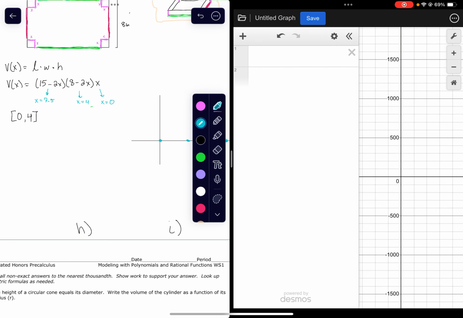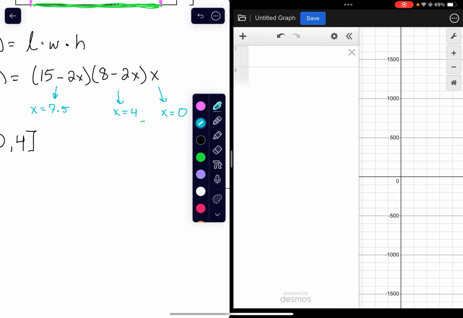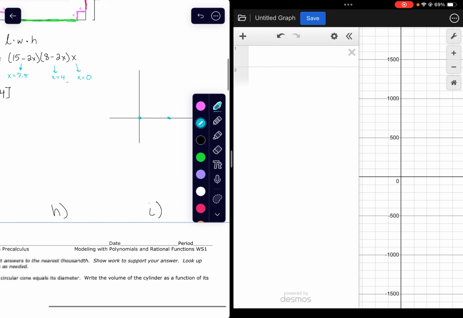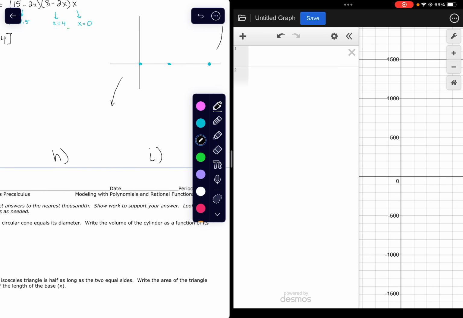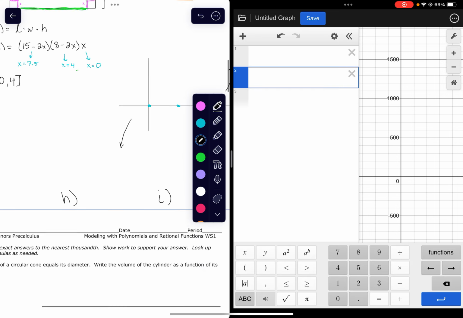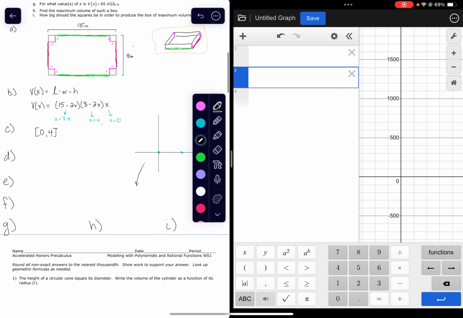Thinking about the lead coefficient, that's going to be negative 2x times negative 2x, which is positive 4x squared, times another x is going to be a positive lead coefficient. So I know my end behavior is opposite. One's going to end down and one's going to end up, and we can use our calculator now to see precisely where that happens.